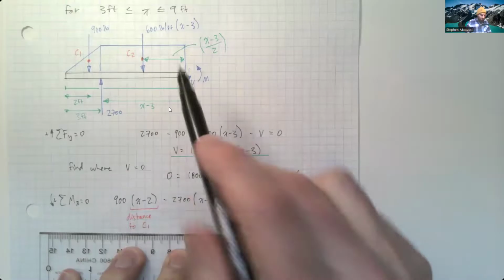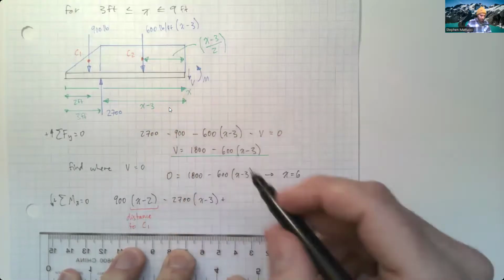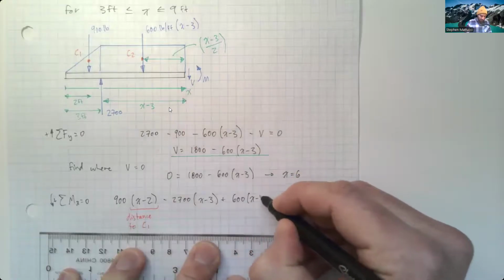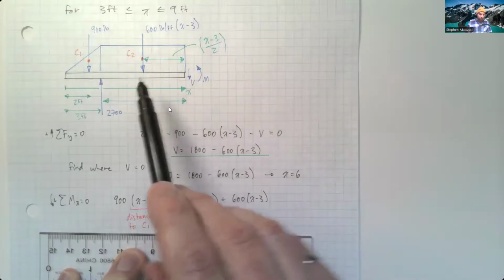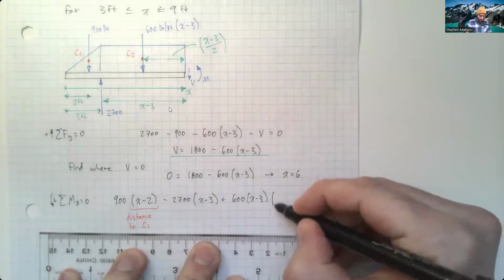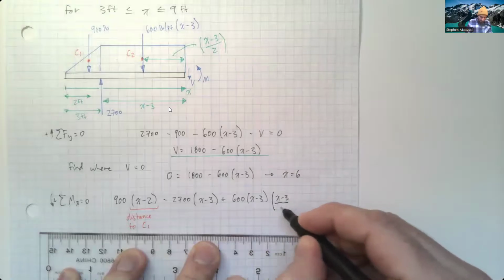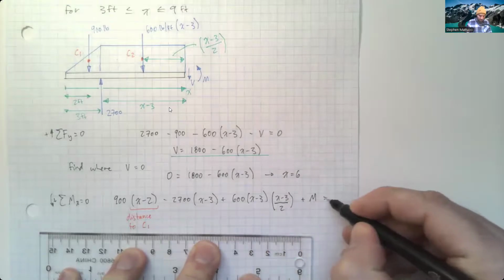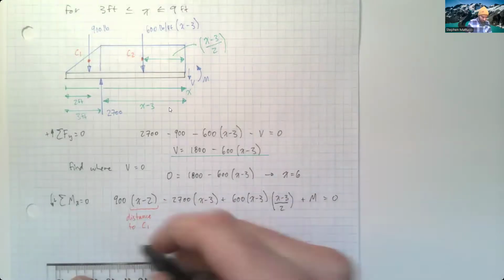plus our moment caused by our rectangular load here. This is going to be 600 times x minus 3. Now this is going to be the magnitude of our rectangular distributed load. We also have to multiply it by this distance that we found earlier, x minus 3 divided by 2, plus our moment at the end equals 0. We can solve all this out.